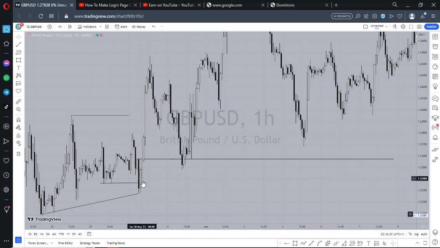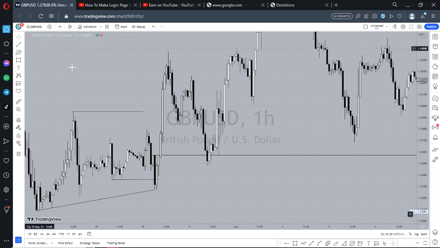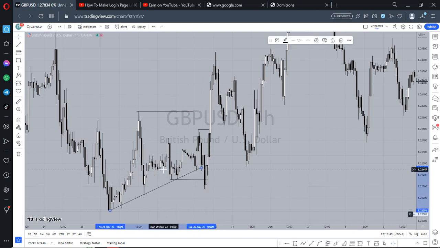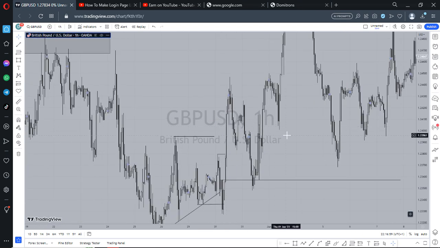It sold down to take out what, area of support before it rises higher to give us what, a change in character and also a break in market structure, which in confluence, this right here is a trend line liquidity pool, right? So it grabbed liquidity from the trend line, so it's taking the stops from that trend line and ride it higher to give us a confirmation entry, right?